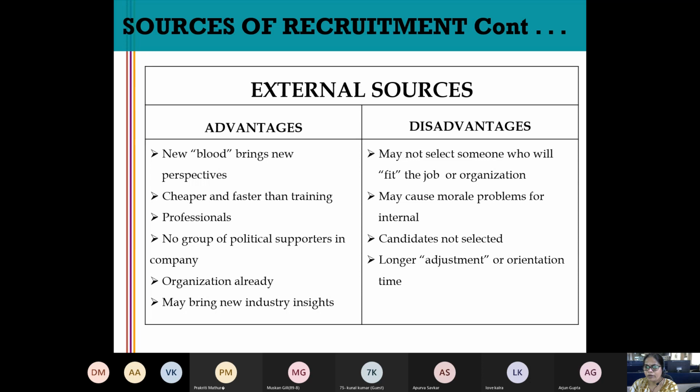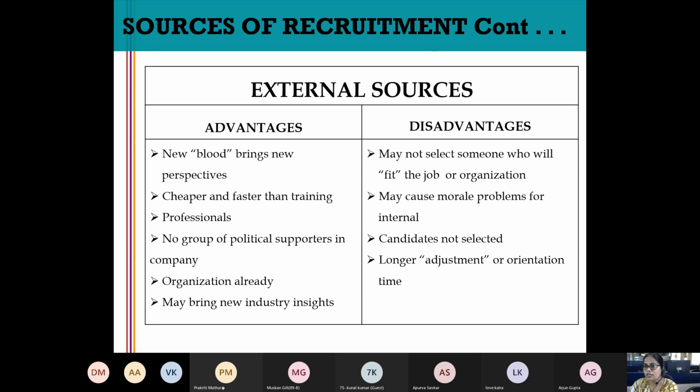That's why you may not give more importance to training. They are readily familiar with the activities they are supposed to be performing. They are professionals. There is no group of political supporters in the company, so they have to show their own efforts. And this is how they bring new industry insights.